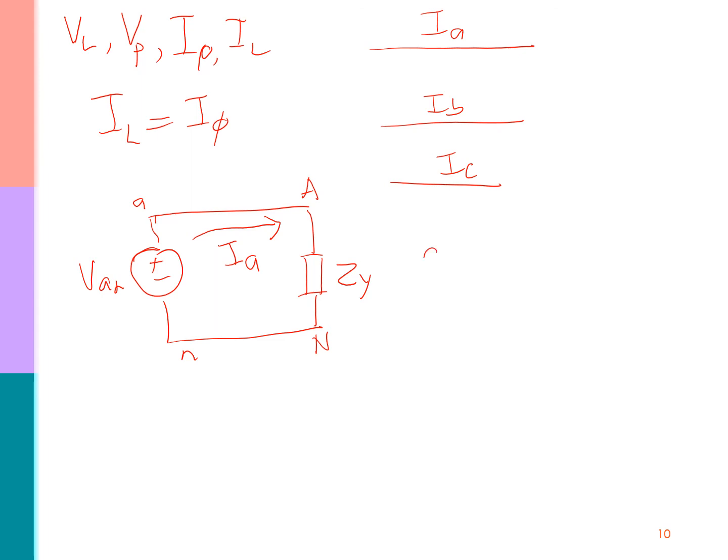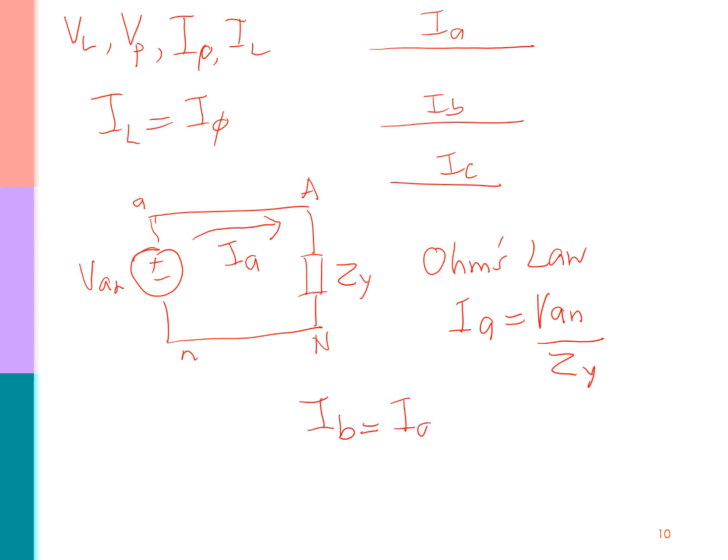Using Ohm's law, you can get the line current IA equal to VAN over ZY. To get IB and IC, once you have the value for IA, you use the magnitude of IA.